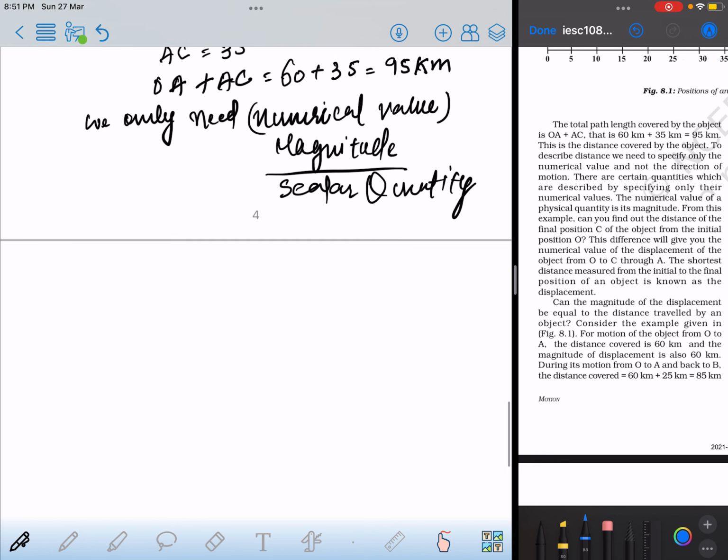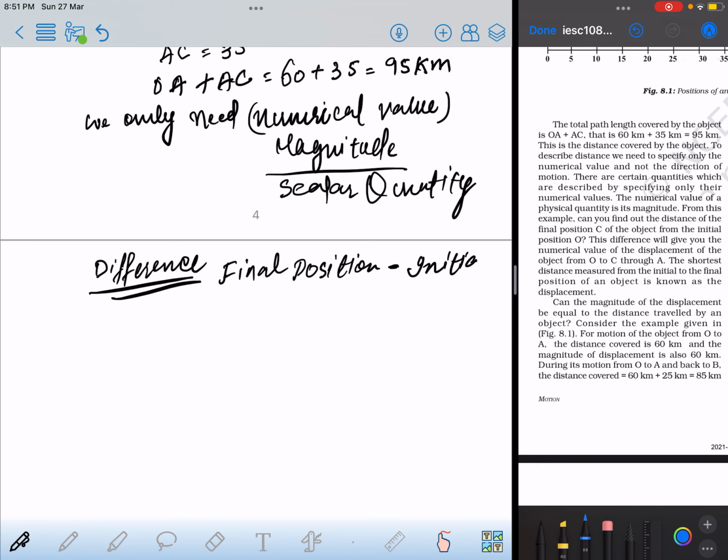The difference will give us the answer. This difference of what? Final position minus initial position. This thing is called displacement.